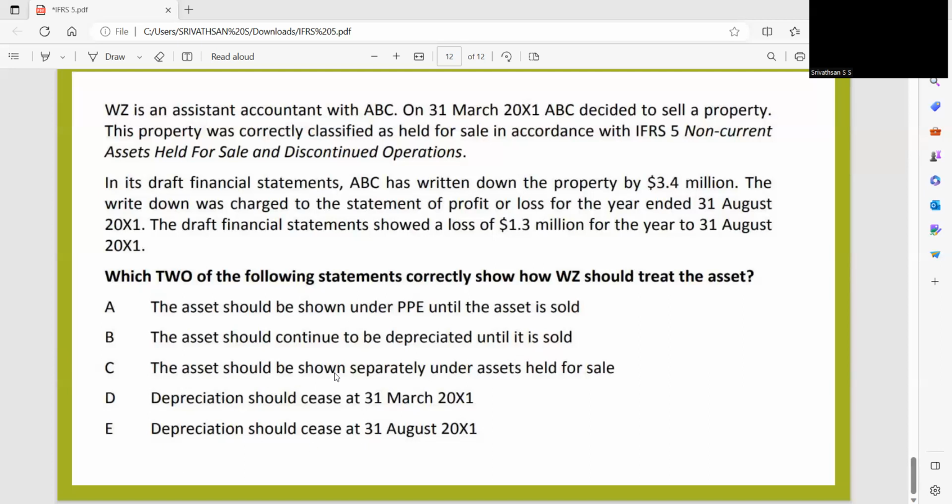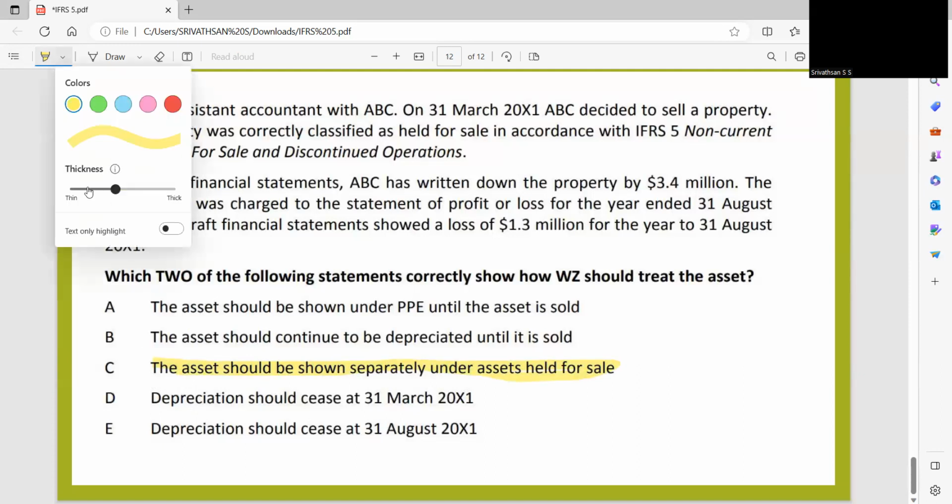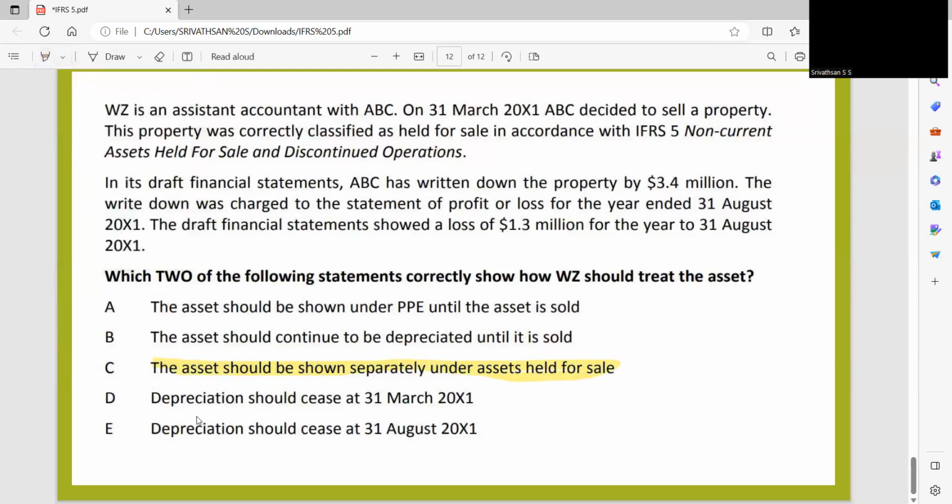The asset should be shown separately under assets held for sale. So option C is correct, because once an asset has been classified as a non-current asset held for sale, it should be shown as a separate line item under current assets section of the balance sheet. And here they're asking for which two of the following statements, so we should proceed further.